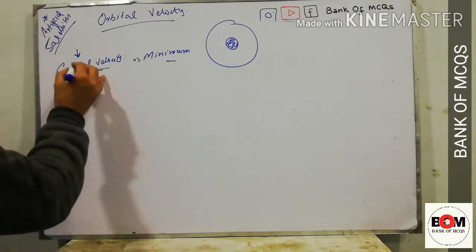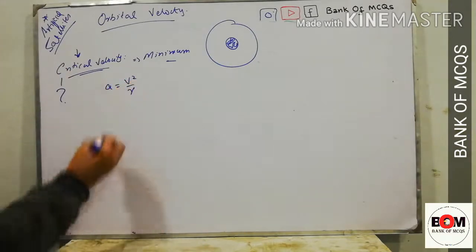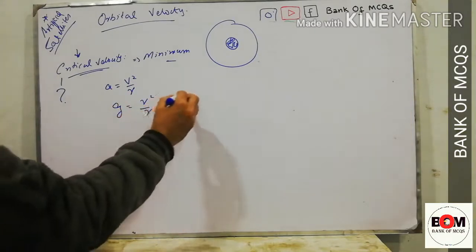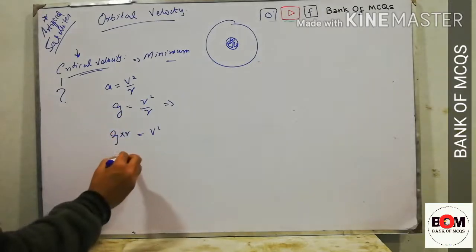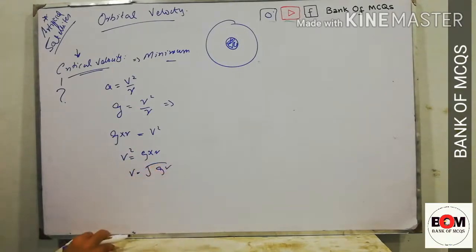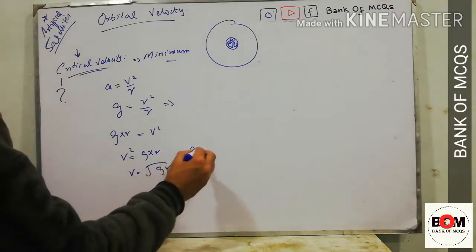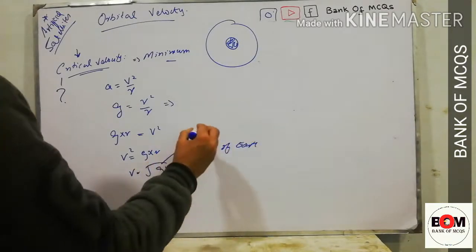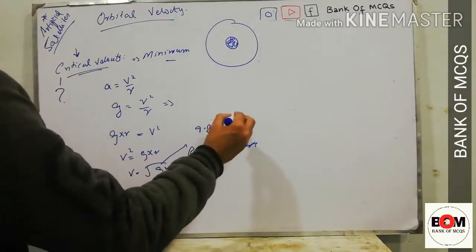To find the critical velocity, we know that a is equal to v square divided by r. In case of gravity, we call g is equal to v square divided by r, so v square is equal to g multiplied by r, or v is equal to under root g into r. For earth, r is the radius of earth, and g is a fixed value, 9.8 meter per second square.